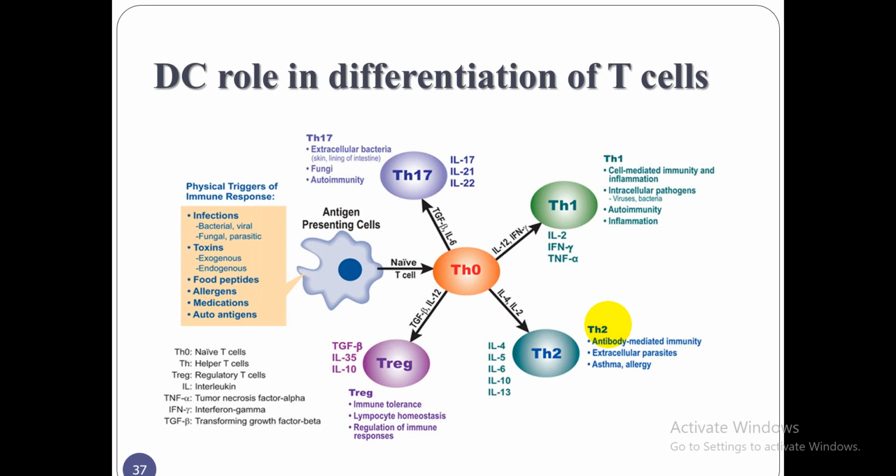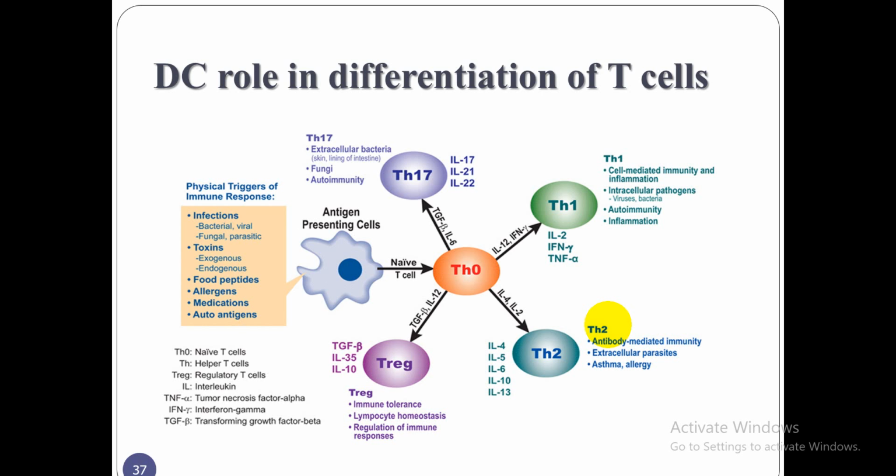And these dendritic cells, as antigen presenting cells, can produce different types of cytokines according to the type of the pathogen, and they can lead the differentiation of different T cell responses according to the type of the response that is necessary for combating the microbes.